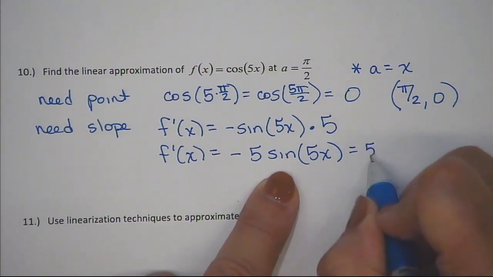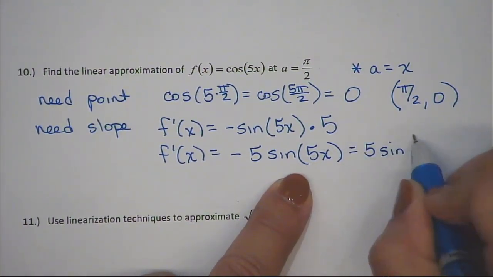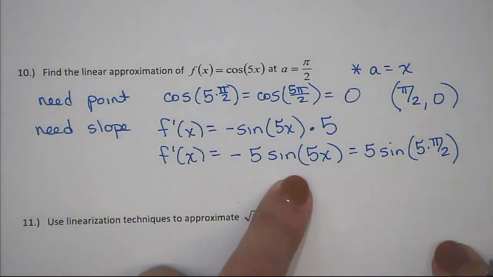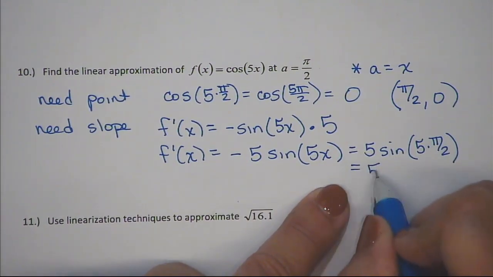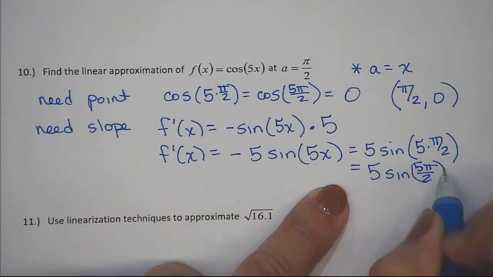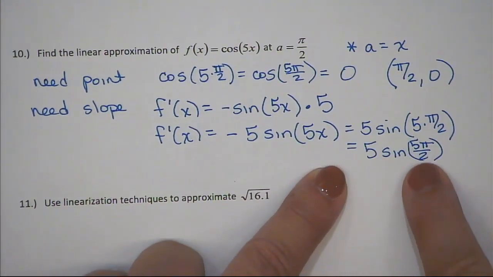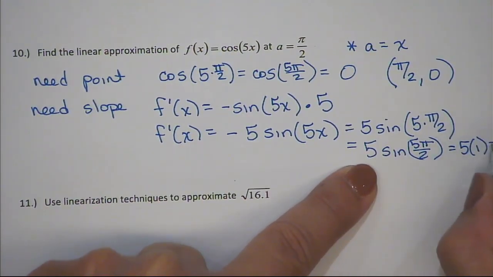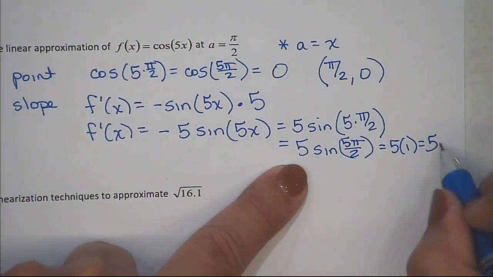So negative 5 times the sine, 5 times pi over 2. So that's 5 times the sine of 5 pi over 2, which we said was 1. So 5 times 1 is 5. So your slope is 5.